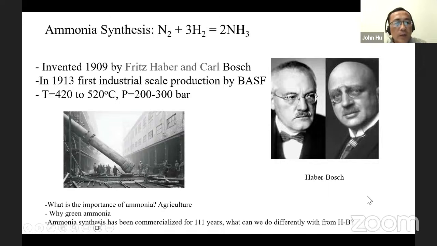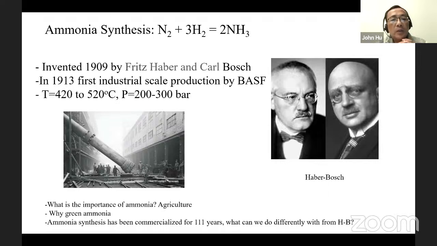I think 1913. The process was commercialized 4 years later by a company called BASF. BASF is a German company and has a branch or subsidiary in India, because I have an Indian student who went back to work in India. I think she worked at BASF.